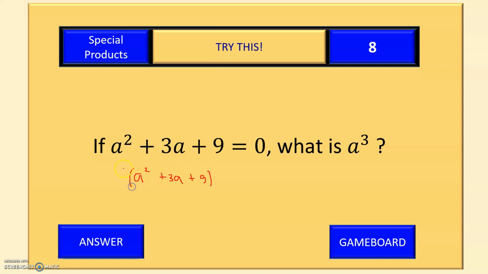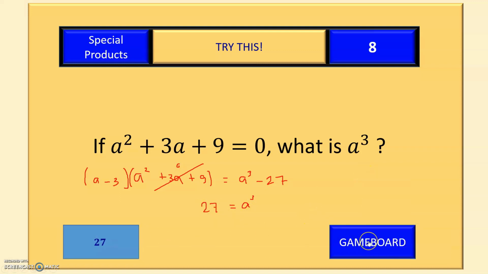Again, I'm looking for a binomial na pwede kong i-multiply dito so that ma-address ko yung a cube. That is a, then square root ni 9, which is 3. Since this is positive, all you have to do is to reverse the sign. See that? Then, the product of this binomial and trinomial is actually equal to a cubed minus 27. But since this trinomial is 0, therefore, ang a cubed is just equal to 27.